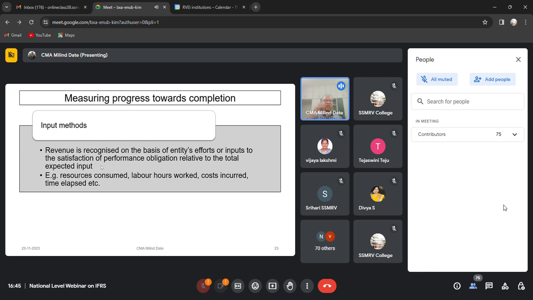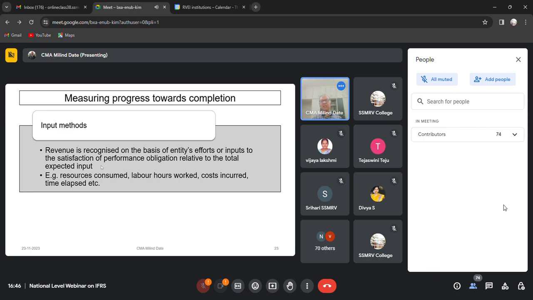So if you are supposed to use 1,000 tons of cement in that road construction, and you have used 350 tons of cement, that is 350 input relative to the total input of 1,000, so 35% completion. You're supposed to, let us say, work 10,000 labor hours. You have already worked 2,000 labor hours. So 2,000 upon 20,000, 10%.